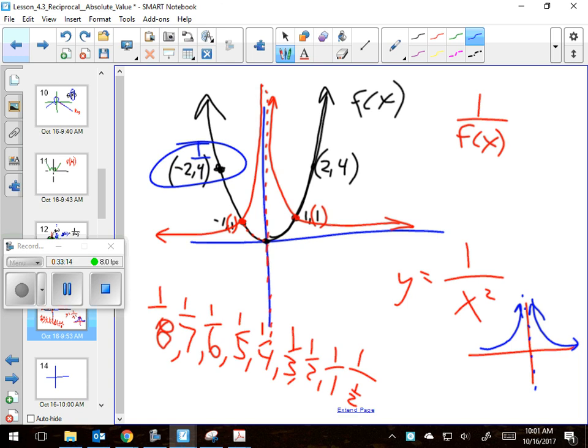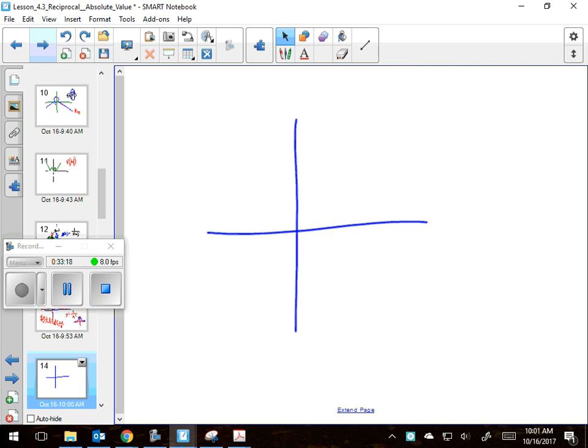All right, so here's a new one. Let's say I had this wave where it's like part of cosine. That's my original. What's the reciprocal? And I'll give you some points on it just so you can tell.